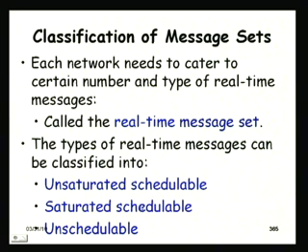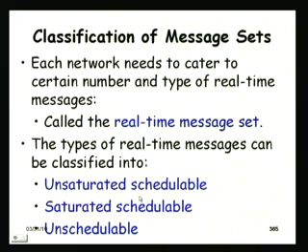And we will also look at the unschedulable situation. So, depending on the type of messages in our problem, we can classify that situation as unsaturated schedulable, where all the messages can be easily transmitted without any impact on the deadline. No message will miss its deadline.